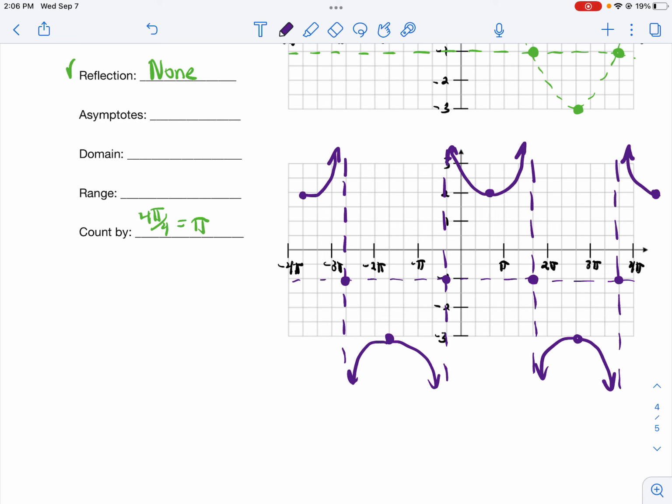All right, so to find our equation of our asymptote, we find our first non-negative asymptote, which would be this one here. So I need to figure out what that is. So this is pi plus, so that's 3 pi over 3, 4 pi over 3, 5 pi over 3.